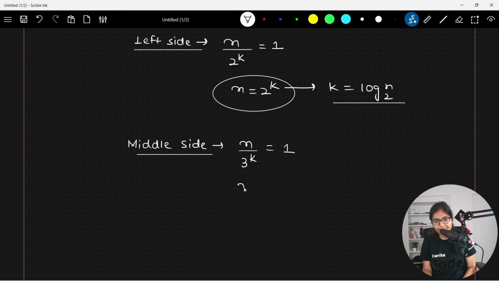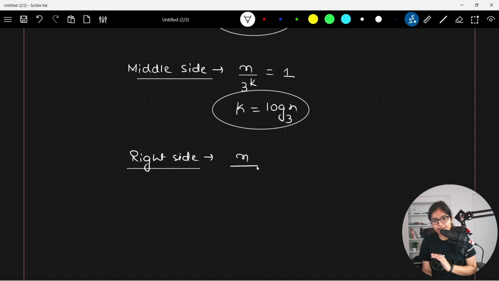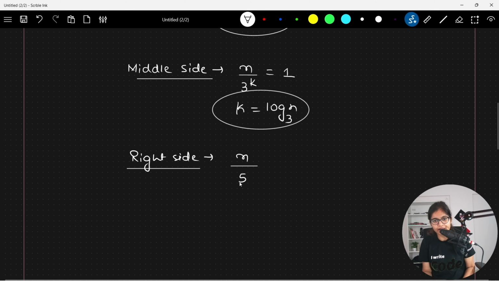So here the value of k is log of n base 3, right? And on the right side, we are doing the split on the basis of n by 5 to the power k, which is equal to 1. So here again the value of k is log of n base 5.